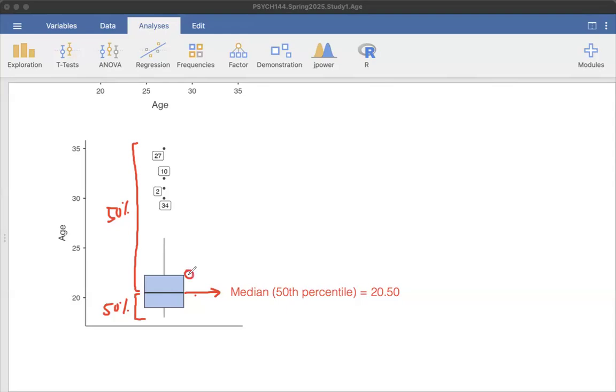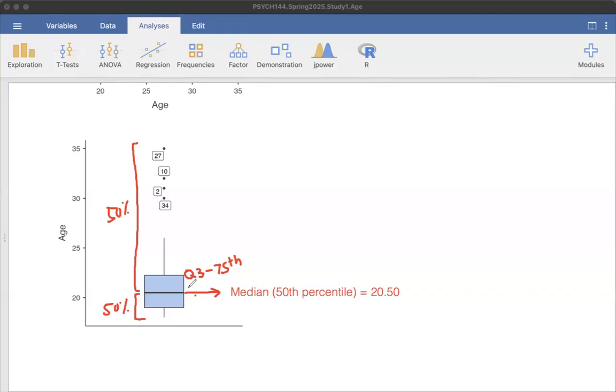This right here is Q3. This is our third quartile, or our 75th percentile. So 75% of responses fall here or below this number. And we can actually calculate that in Jamovi. I didn't do that, but you could have it tell you what the Q3 value is.